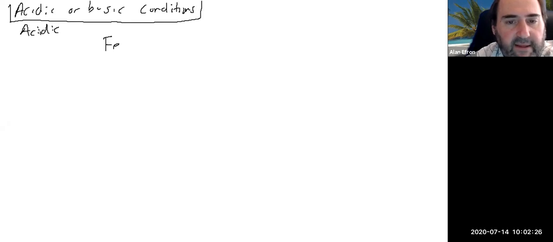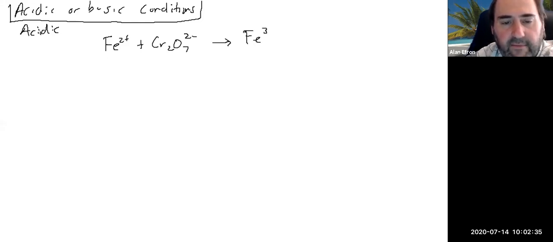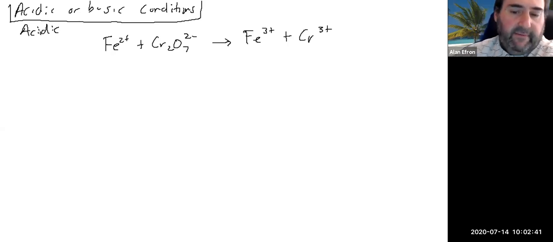So we have Fe2+ and Cr2O7 2- goes to Fe3+ and Cr3+. So the first thing you want to do if you're given an equation like this is to basically separate out each of these into their half reactions. And the way you do that is pretty simple.